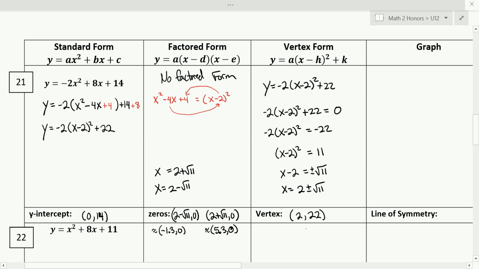So I get negative 1.3 and 5.3, again approximating to the nearest tenth.